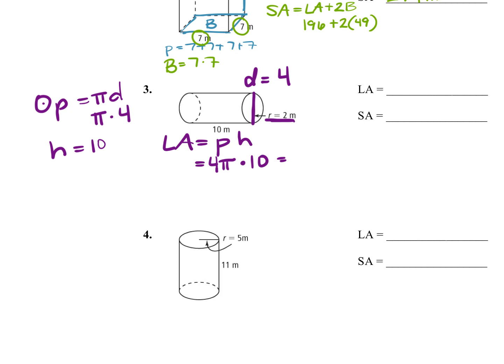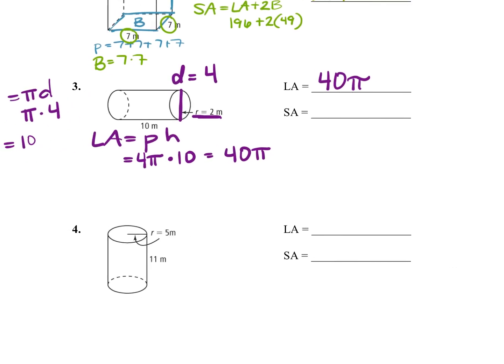If it is 4 times pi times 10, you want to multiply everything that is not pi. So you want to plug into your calculator or do in your head 4 times 10, right? 4 times 10 is 40, and then you attach your pi. So your lateral area is 40 pi meters squared.